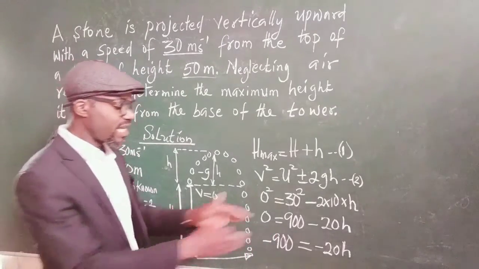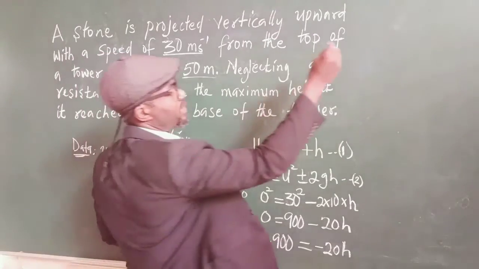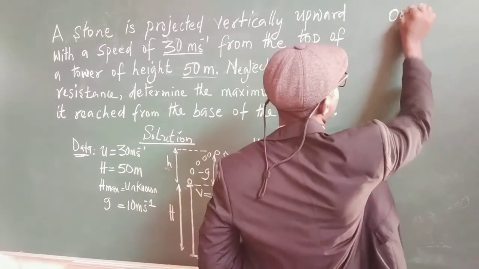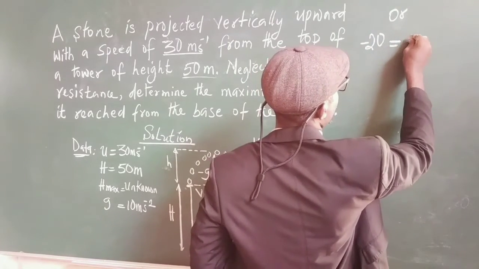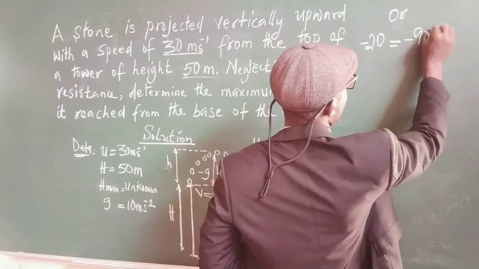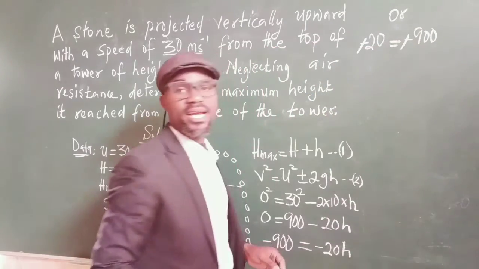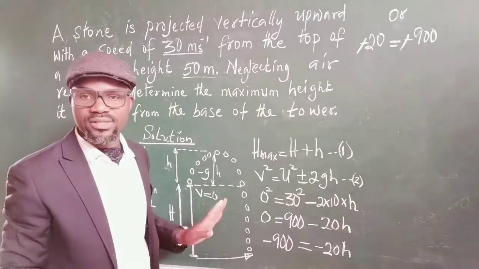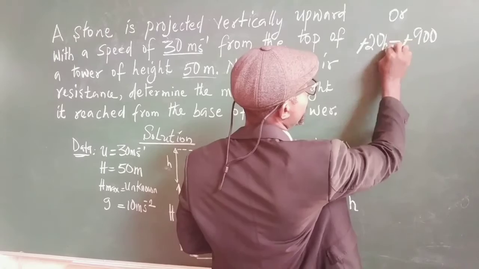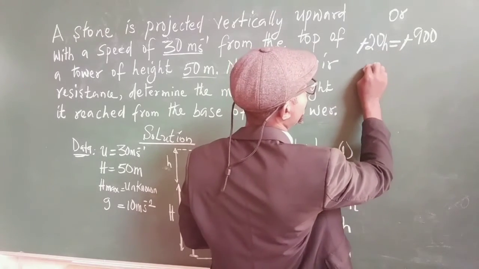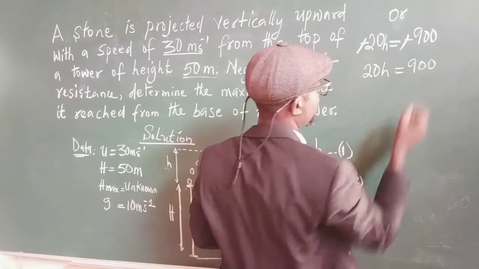We are going to cancel out where necessary. Minus will take care of minus, and that does it. Then this is minus 20 h. So we are left with 20 h is equal to 900.